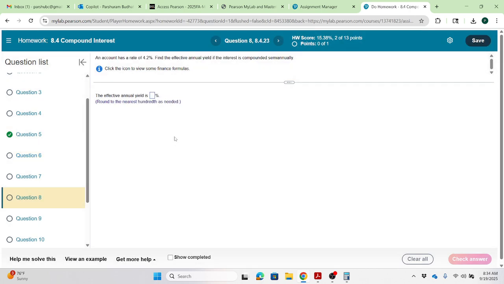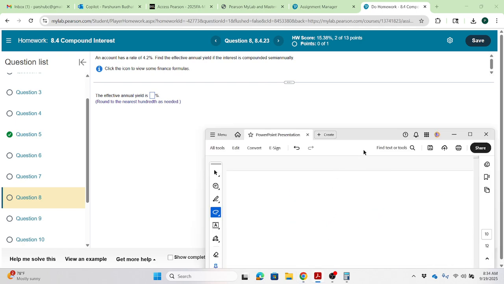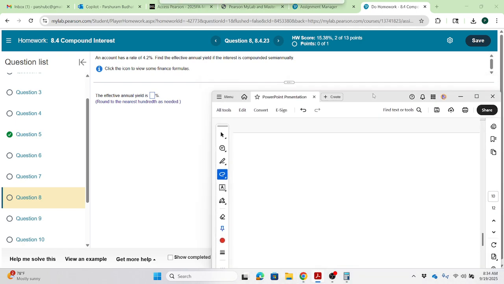Let's do semi-annually, which means n equals two, twice a year. An account has a rate of 4.2%. So the same formula, the interest rate is 0.042.